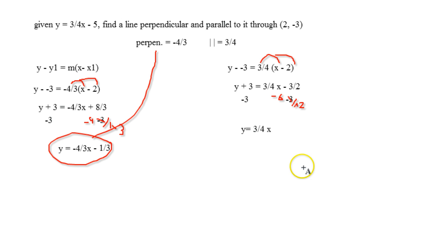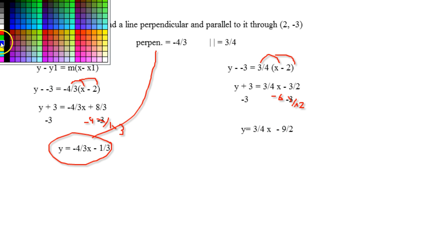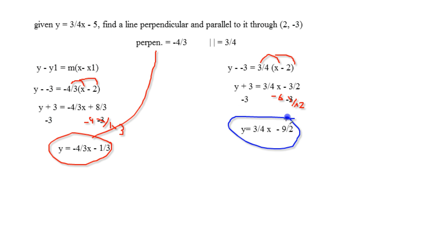And negative 3 minus 6 is negative 9. So this becomes negative 9/2. And there you go. It's as simple as that. These equations are quick, easy, precise to use. Please understand, though, that you do need to use point-slope form just to be able to get these done so fast.